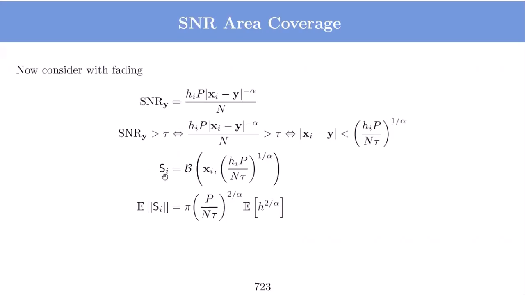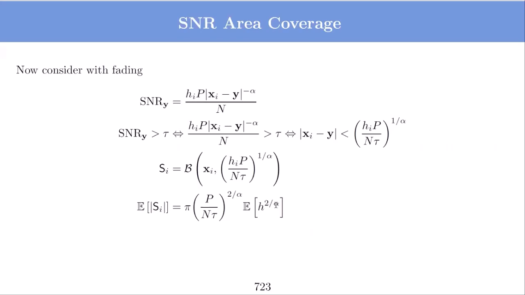The expected area of S_i is pi r squared with r as above, and only h_i is a random variable, so you get pi (P/(N tau)) to the power 2 by alpha times the expectation of h to the power 2 by alpha.